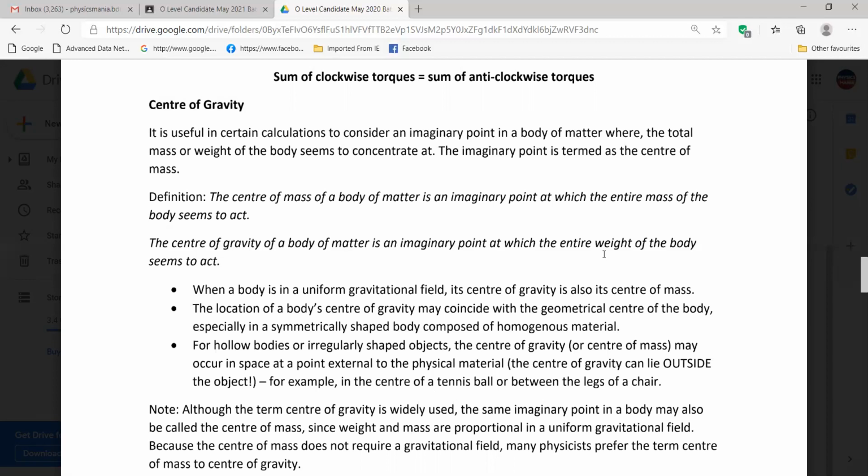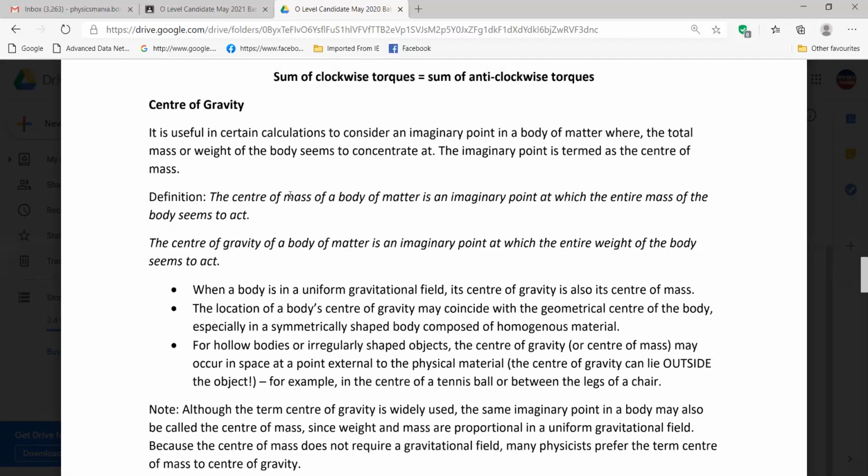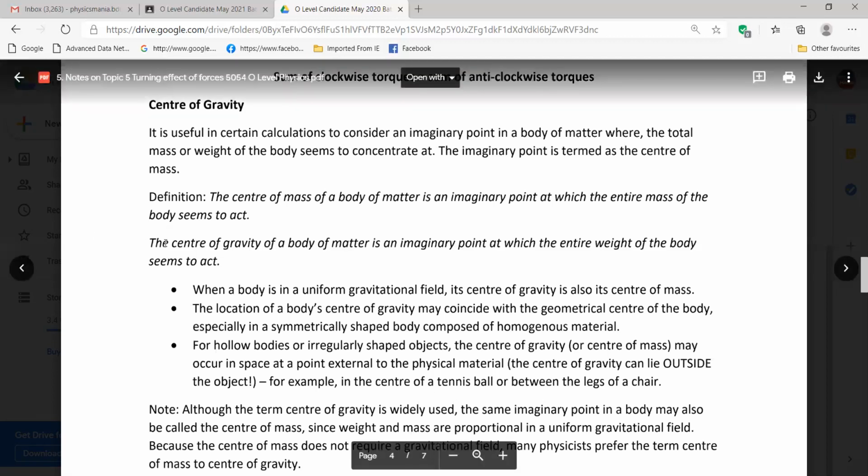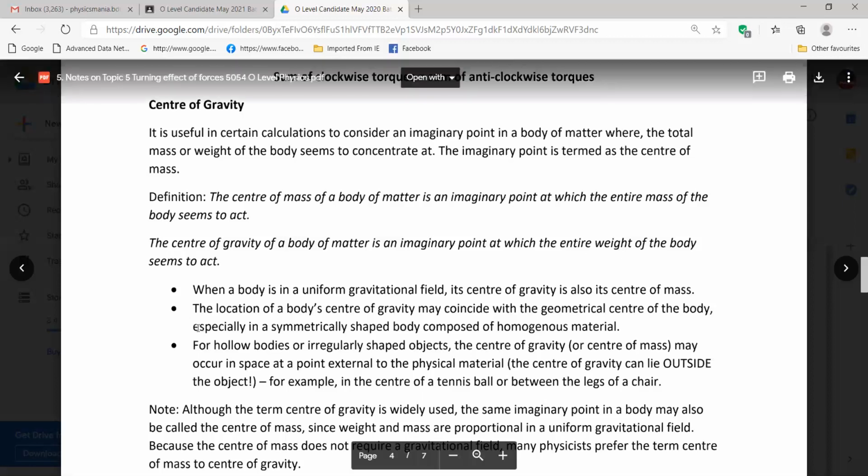Yes. So when they said mass, that time they said center of mass. Is it clear? Yes, sir. And when they use center of gravity, then they use weight.